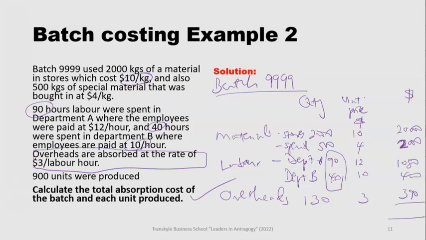Then if you add up, you get our total absorption cost for the batch, 23,870. If you come up with that, then I'm happy. I'm very glad you are listening to what we are saying here.